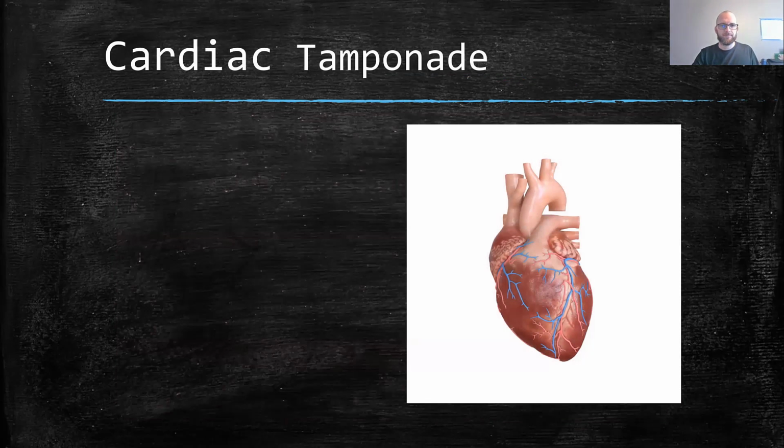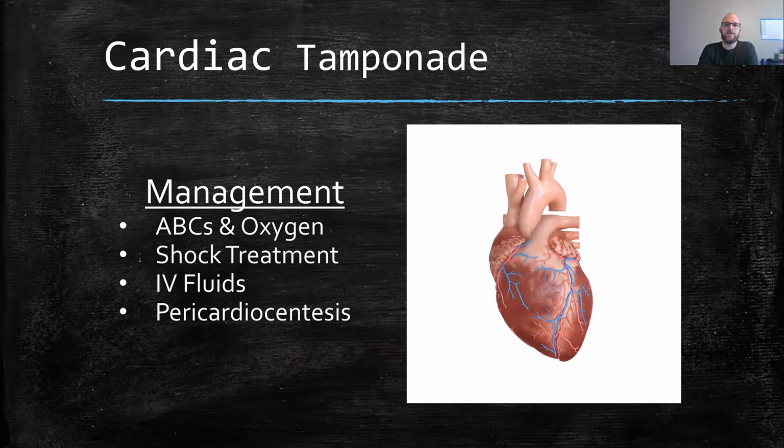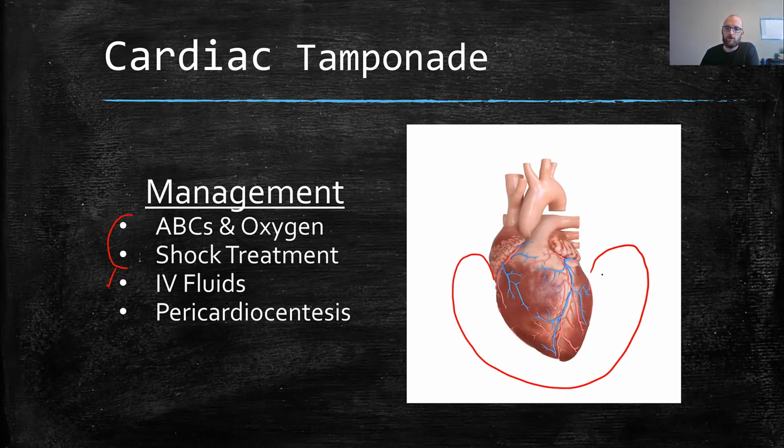All right, so management for us is normal ABC shock management and fluid boluses to try to keep that blood pressure up. That's really it. If we've got this big blood-engorged pericardial sac, there's nothing we can do about it.